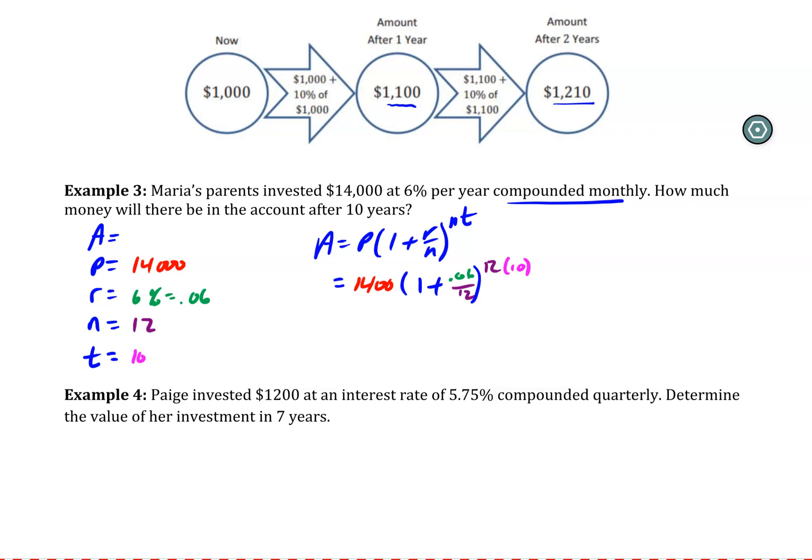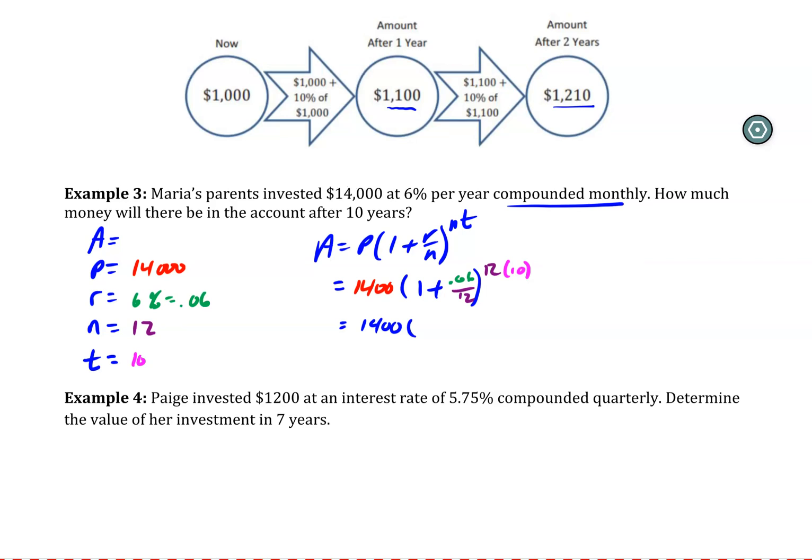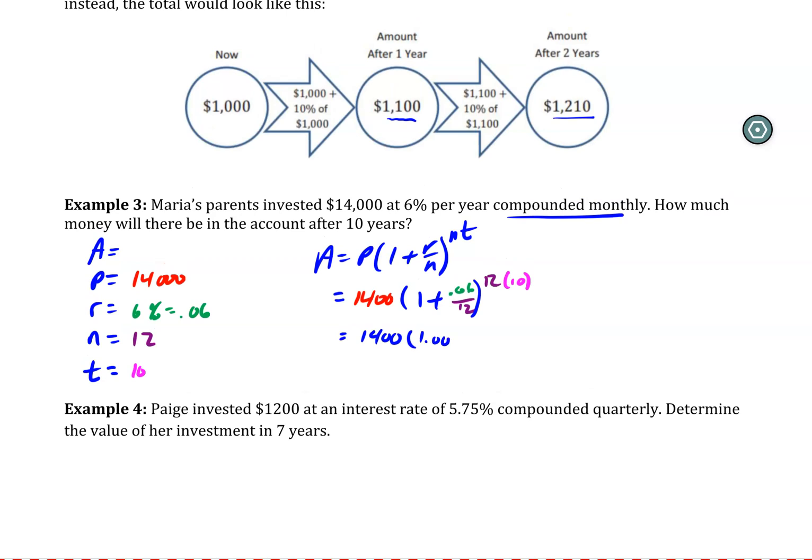Now I recommend doing this in pieces, trying not to do everything in one shot in the calculator, because that usually causes some problems. So 0.06 divided by 12 plus 1 gets me 1.005, raised to the 12 times 10, which is 120.